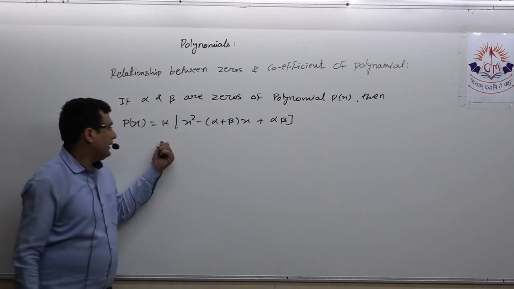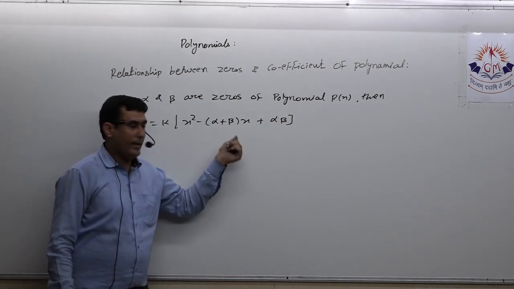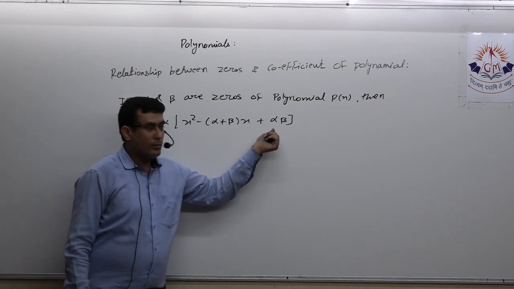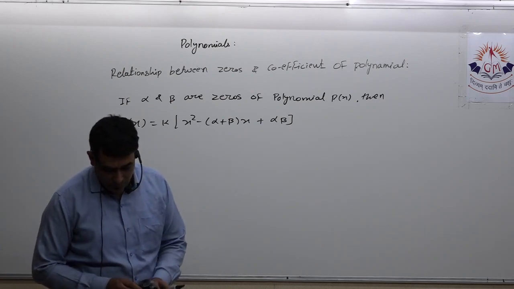That means k into x square minus sum of zeros multiplied by x plus product of zeros. Now we'll see one question based on that.